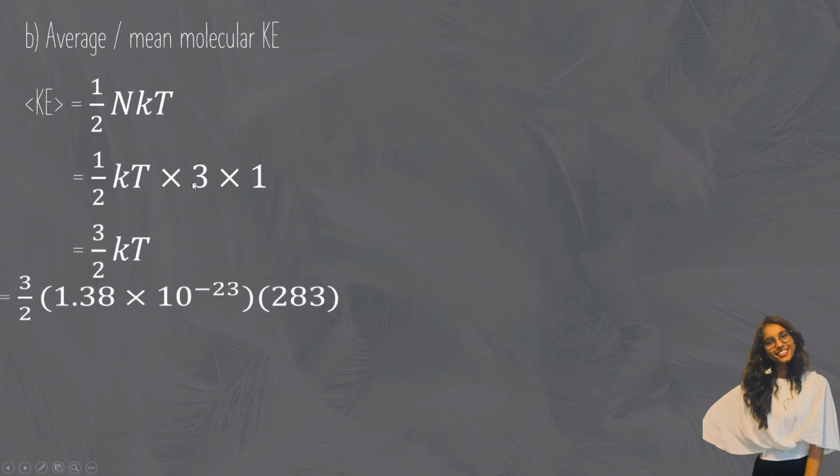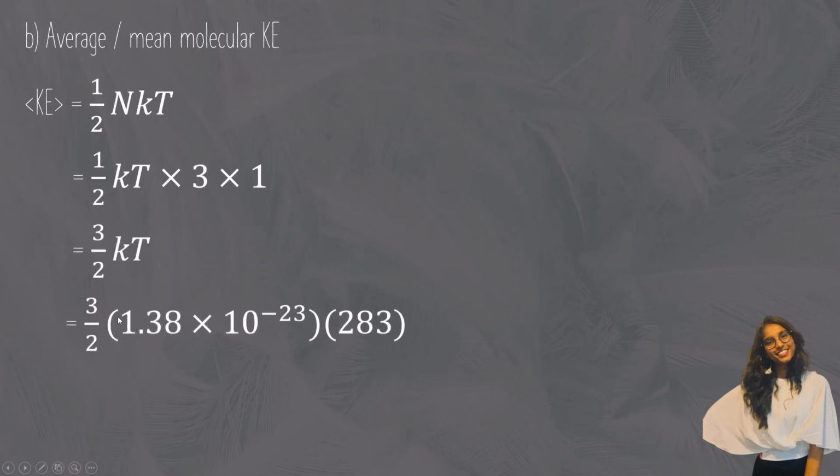We get 3 over 2 kT. So we substitute 3 over 2 times 1.38 times 10 to the power of negative 23 times 283, the absolute temperature. We get the answer 5.86 times 10 to the power of negative 21 joule.